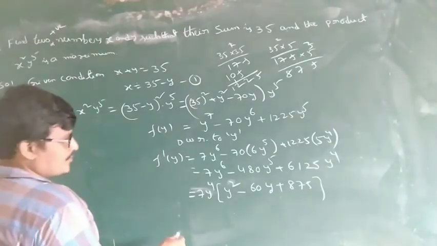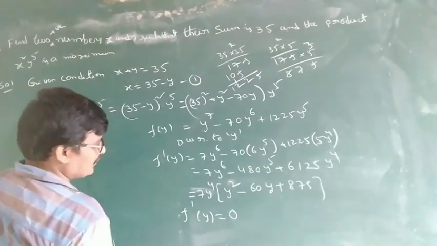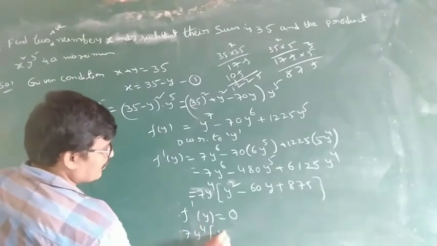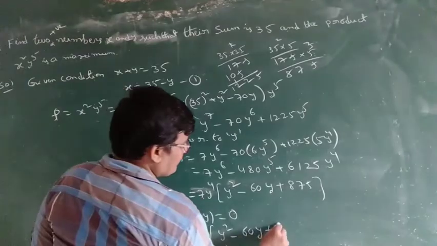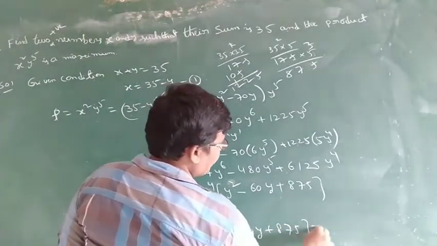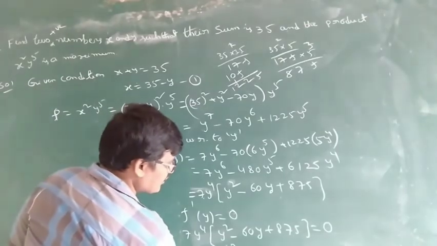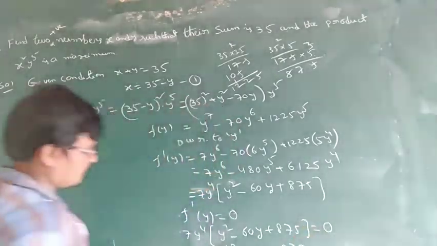Okay, so f dash of y is equal to 0. So this is 7 y power 4 into (y square minus 60y plus 875) is equal to 0. y square minus 60y plus 875 is equal to 0.